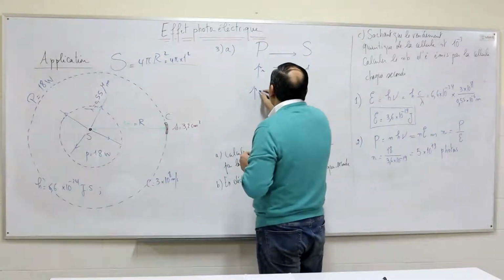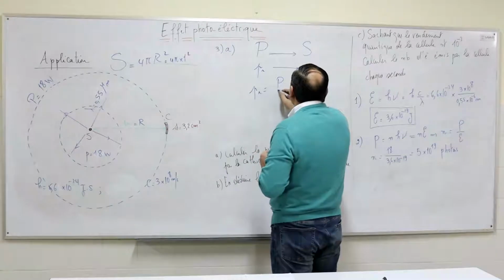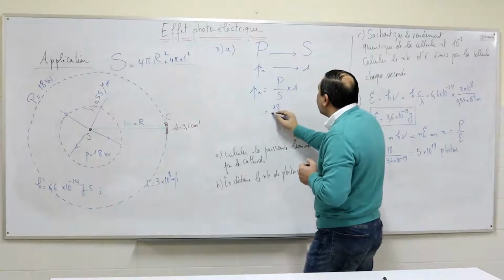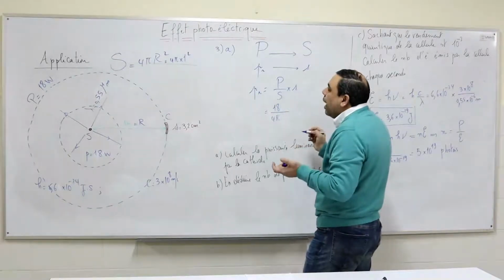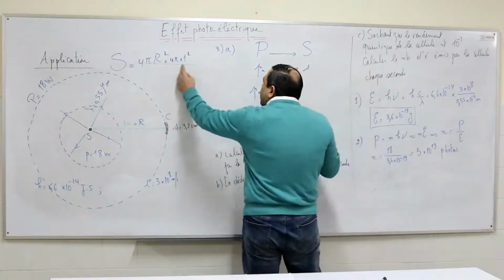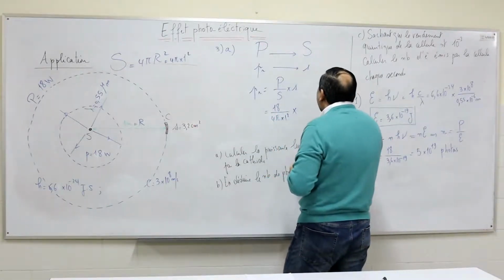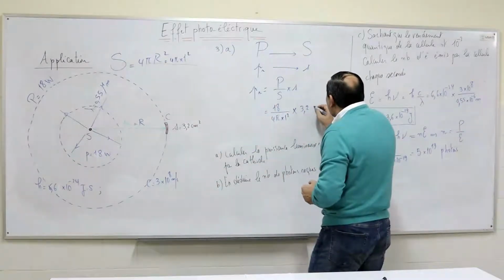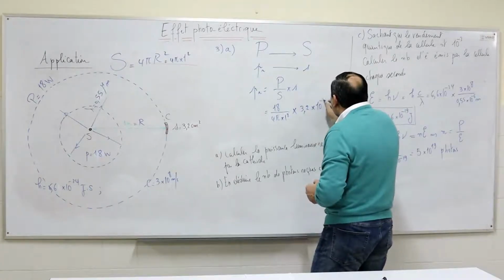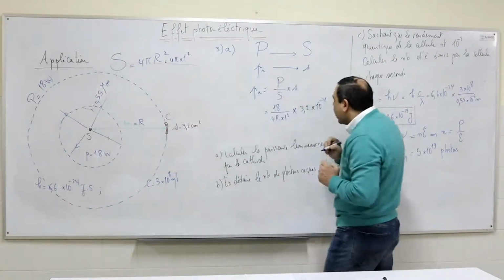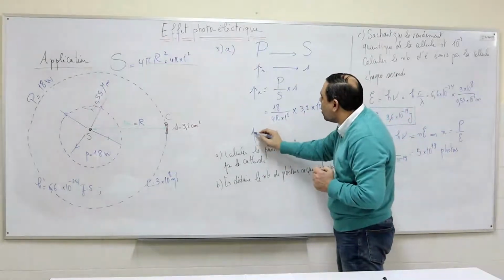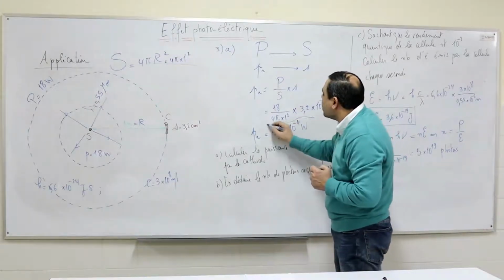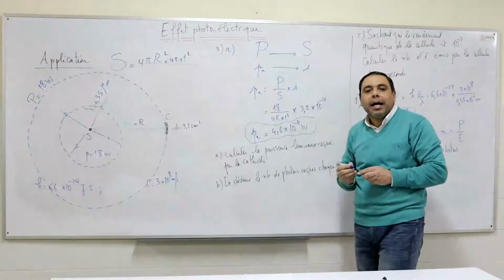So PR, which is denoted as P received, is equal to P over S multiplied by the small area. This is 18 over 4 pi, the radius is 1, so 1 squared, multiplied by 3.2 times 10 exponent minus 4 in order to convert from centimeter squared to meter squared. And the answer is 4.6 times 10 exponent minus 4 watt. This is the power received by the cathode.